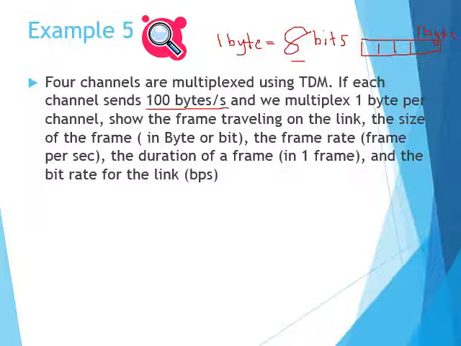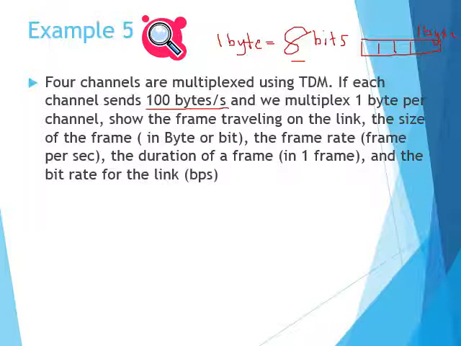Show the frame traveling on the link, the size of the frame in byte or bit. So the size of the frame in bytes is 4 bytes. The size of the frame in bits, 8 times 4, 32 bits.